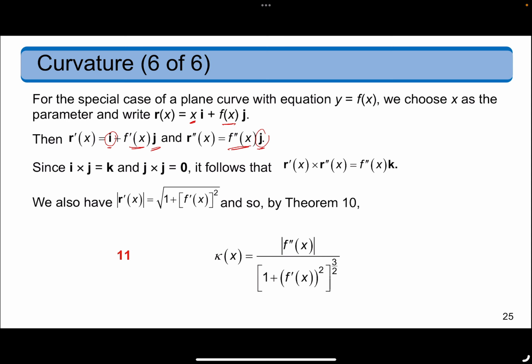We also have the magnitude of r prime, which is the square root of 1 plus f prime squared. So by definition, kappa, or the curvature, is equal to f double prime of x divided by 1 plus f prime of x squared, raised to 3 over 2.